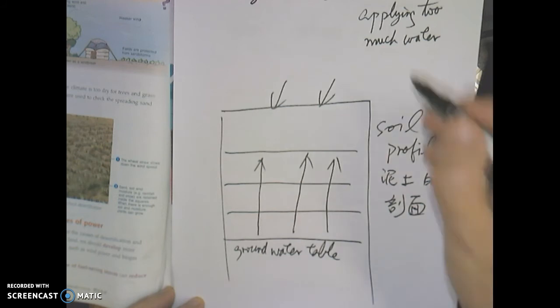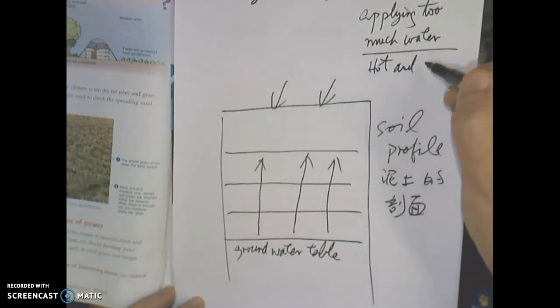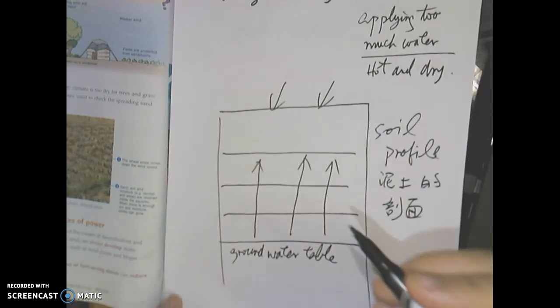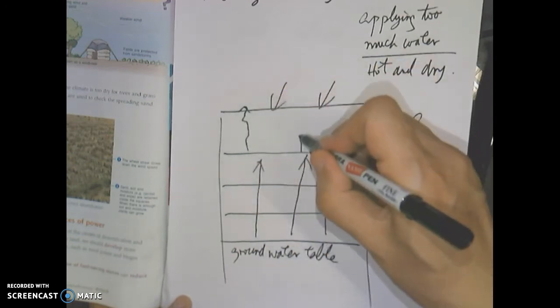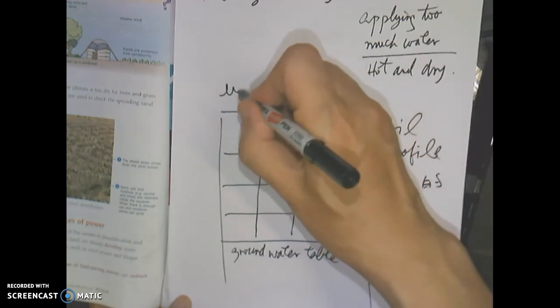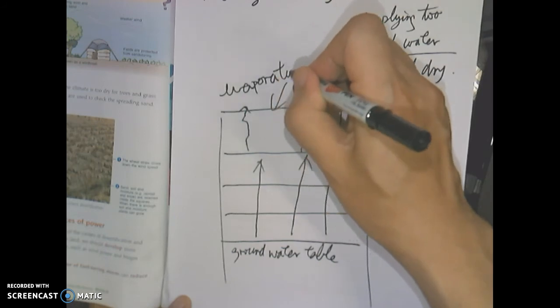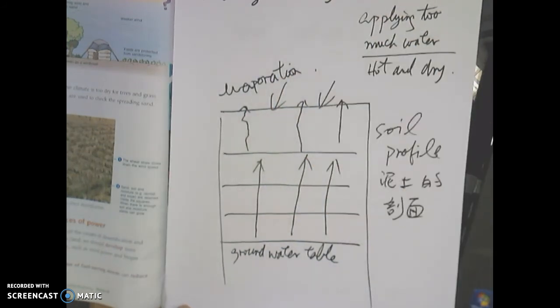But remember, the place is very hot and dry. Under the hot and dry situation, part of the groundwater will be carried up, causing evaporation. However, the water here contains a lot of salts.